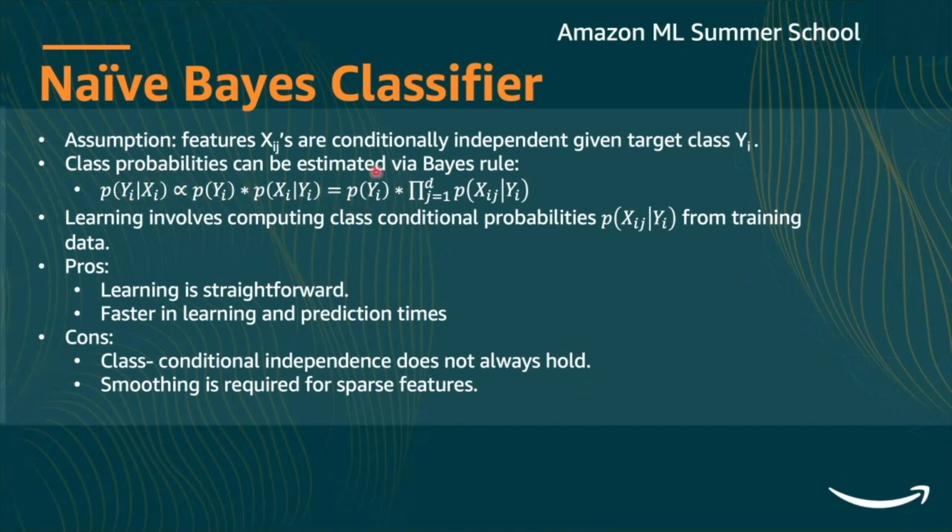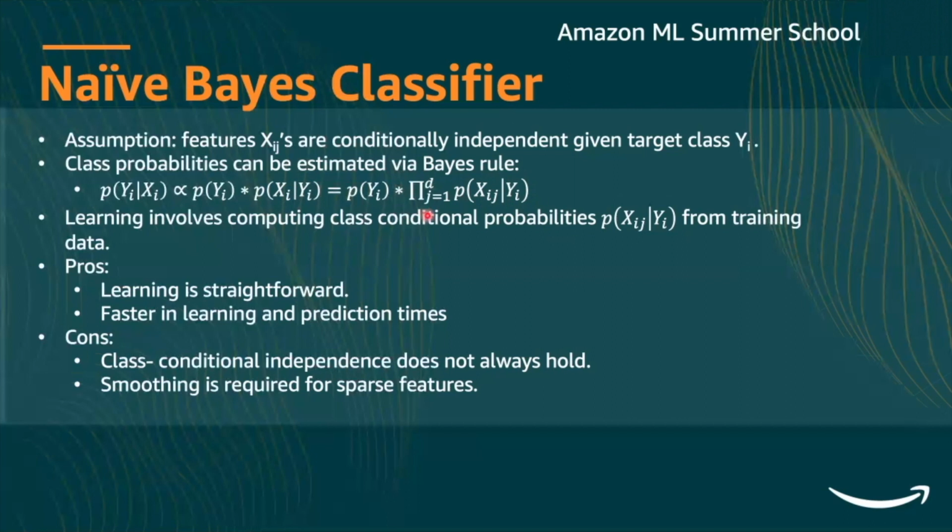P of yi you can compute from the data, and then p of xi given yi. Now xi is an apple. An apple consists of, let's say, 3 features, as I said: red, round, and the diameter. So the Bayes theorem says that the features in xi are independent of each other given yi, and hence you can write it as the product of probabilities.